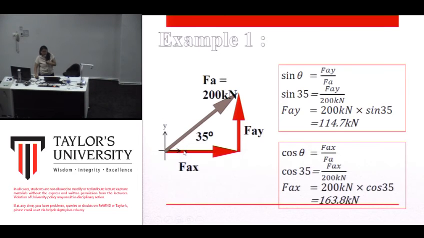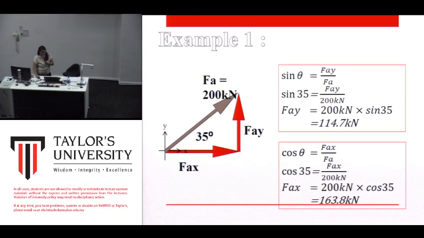I repeat, if you are looking for the component that is attached to the angle, so let's say for example, I'm looking for Fax, and this Fax is attached to the angle, next to the angle, then we use cos, or otherwise we use sine.